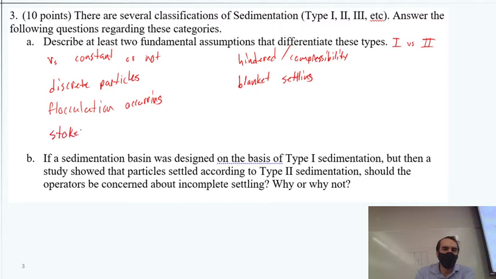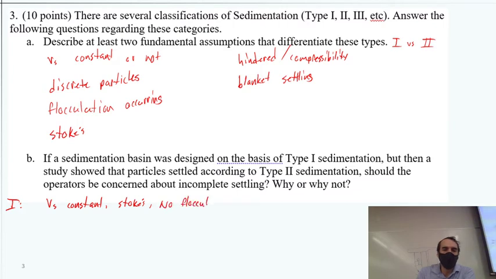The Stokes equation was the one that let us use a Vs that was constant, because we had discrete particles with no flocculation occurring. So type 1 was Vs constant. We were able to use Stokes law to derive that equation for sedimentation, and no flocculation.